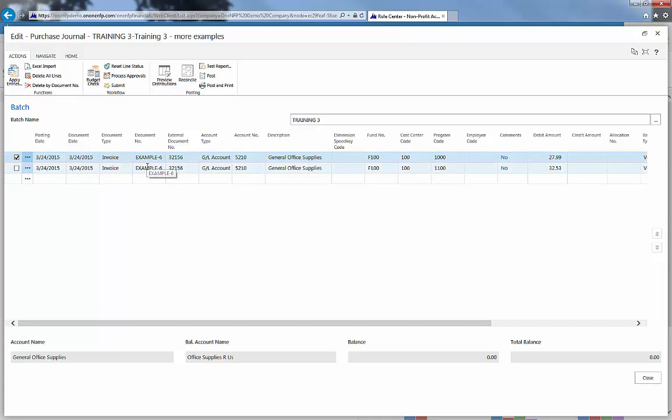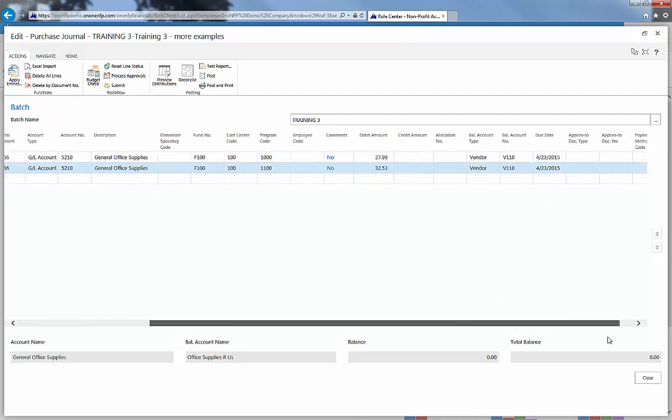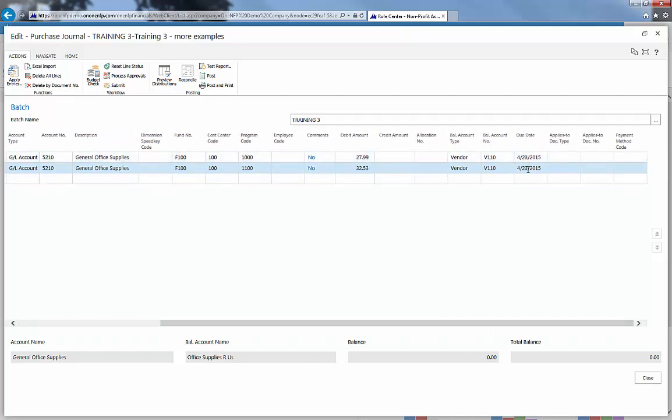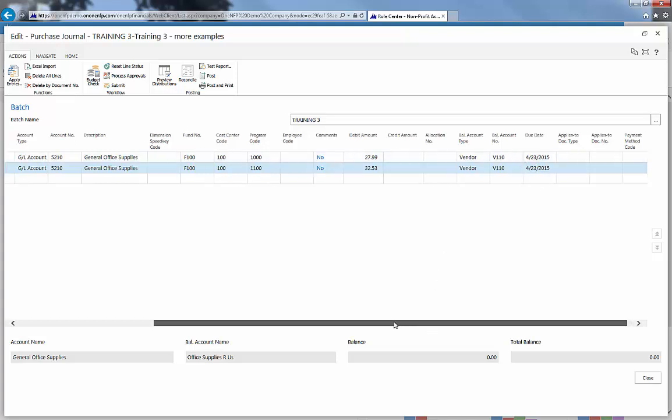So when it moves to this second line, which has the same document number, it will fail. It will tell you that document number already exists. If you wanted to enter this, it would be a multi-line entry and you'd have the vendor as that third line for the total amount. So just a tip that you can't use the balance account on a multi-line transaction.